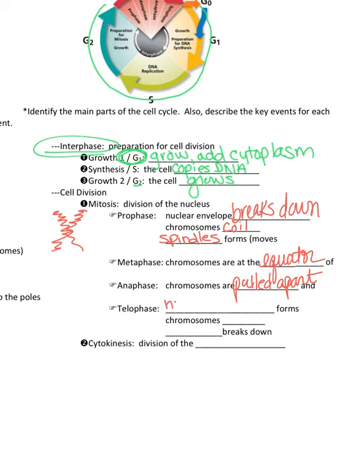And so we bring that nuclear membrane back. And the chromosomes uncoil and they relax back into that grainy material, and the spindles will break down. Okay, so then cytokinesis, after mitosis, we go and we divide the cytoplasm in half.